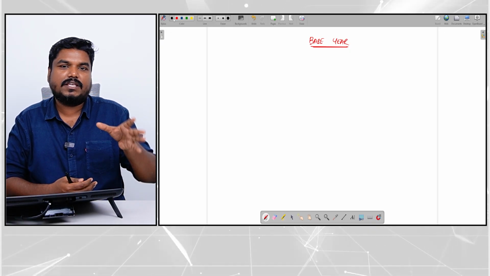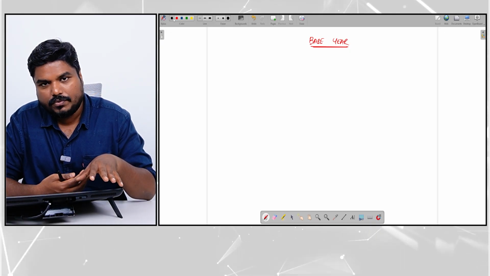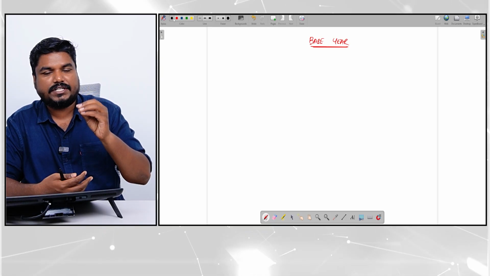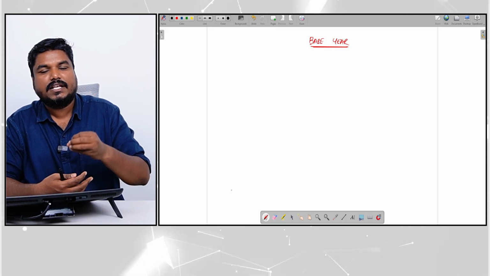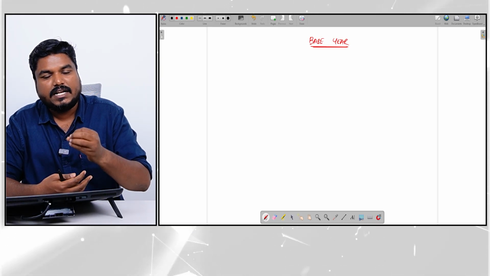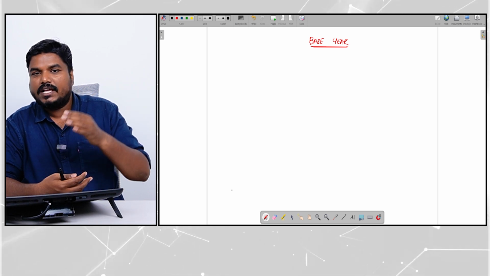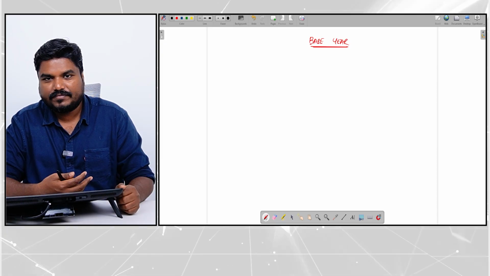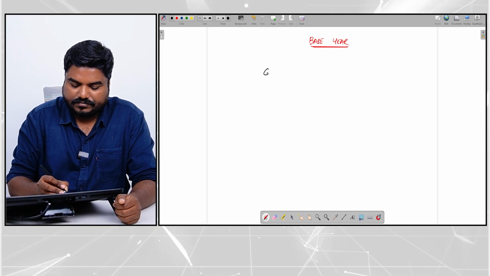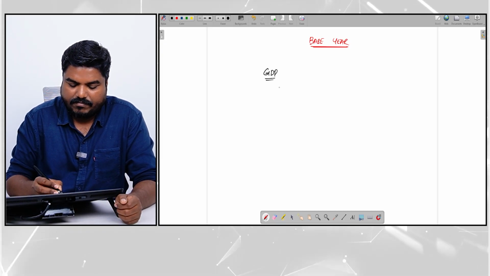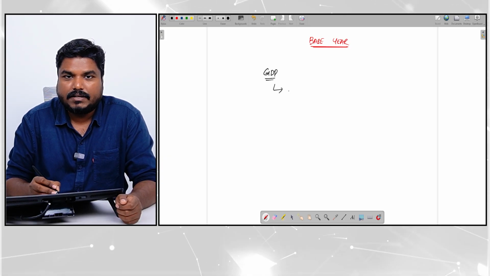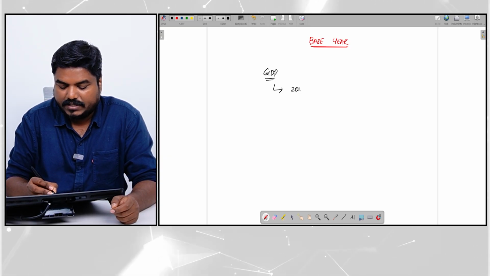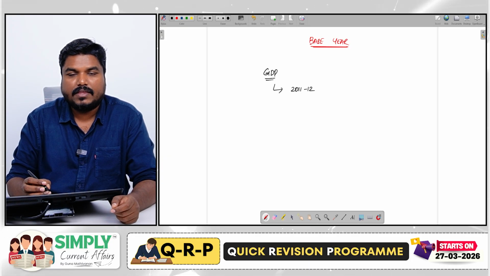This concept of base year is being used in GDP calculation, in CPI calculation, in WPI calculation, in Index of Industrial Production calculation. In most of the indexes, you will be having this reference year. For GDP calculation, the base year previously it was 2011-2012.